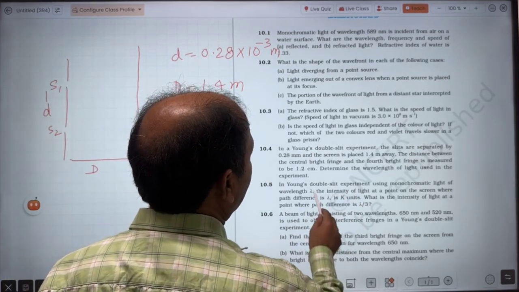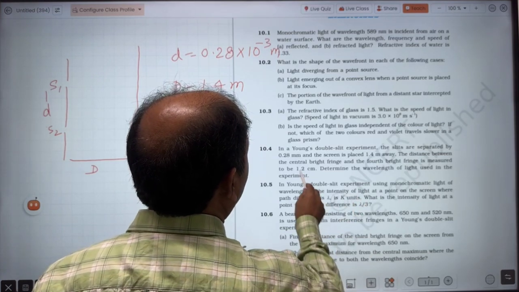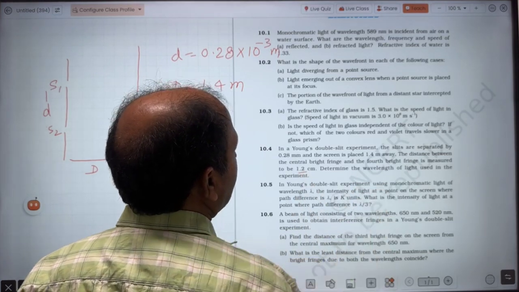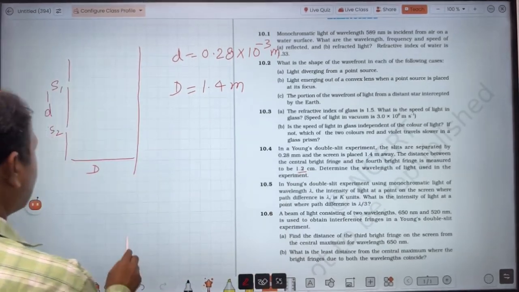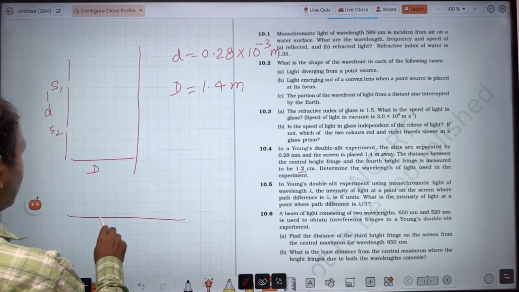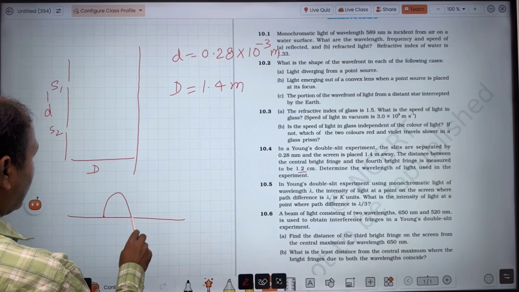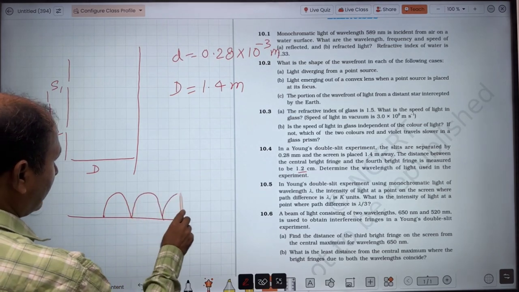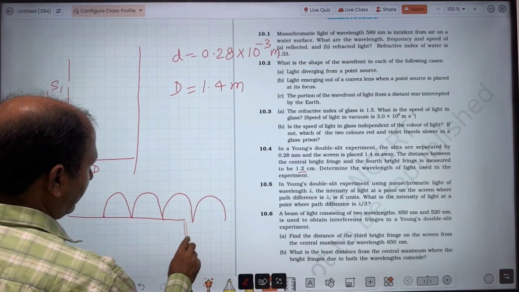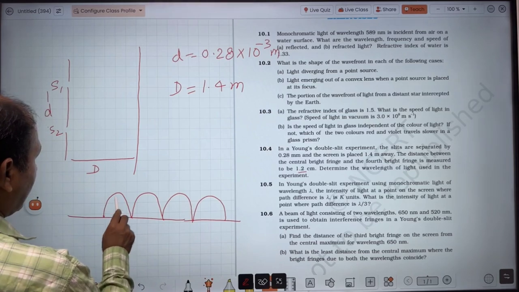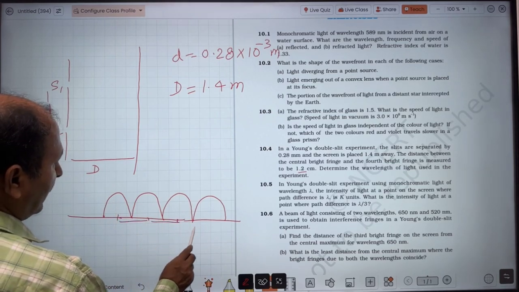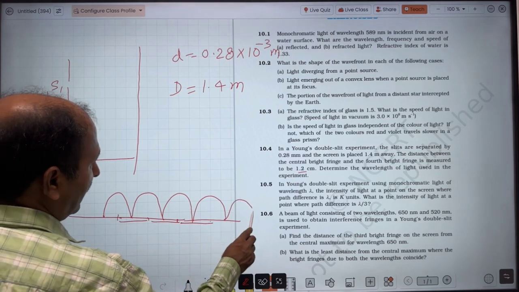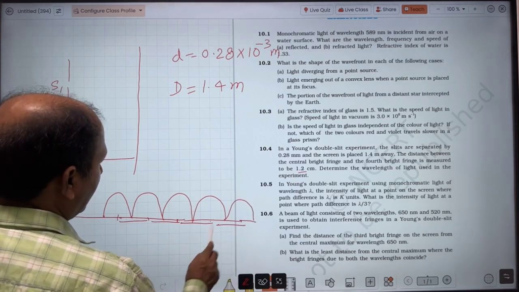And here, the distance between the central bright fringe and the fourth bright fringe. Central bright fringe means, suppose this is like this. This is central bright. So this one is beta, then second beta, then third 3 beta, and then this is 4 beta.